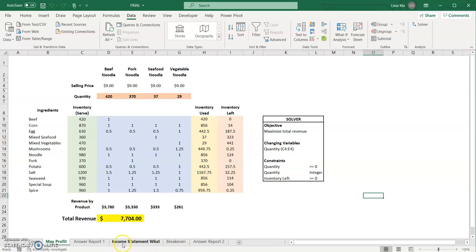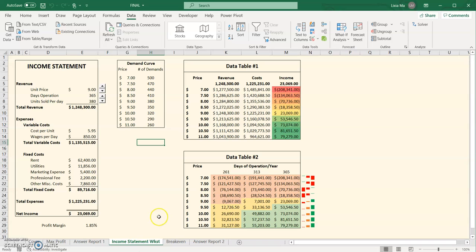Next, let's look at the income statement that I set up for this company. If the company is operating 365 days and the units sold per day is 380 at a price of 9, then this is the total revenue the company should expect. The company also has variable costs, which are cost per unit and wages per day, and also fixed costs over here.